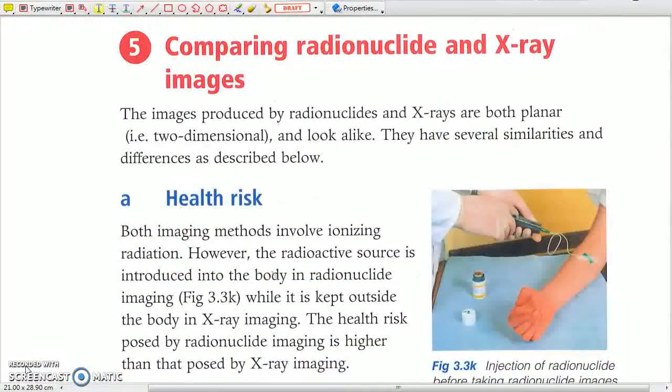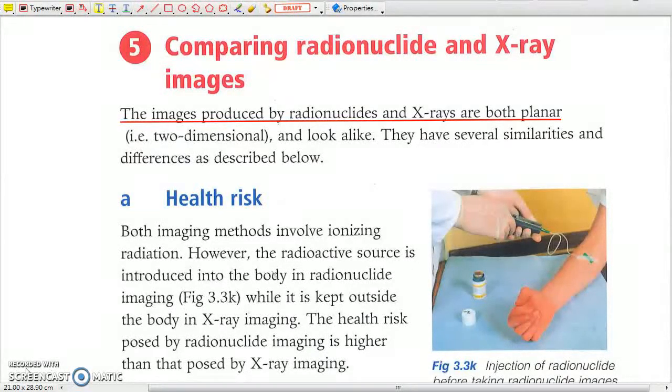5. Comparing radionuclide and X-ray images. Radionuclide images produce 2D images as X-ray imaging does, so both belong to planar imaging. A. Health risk.